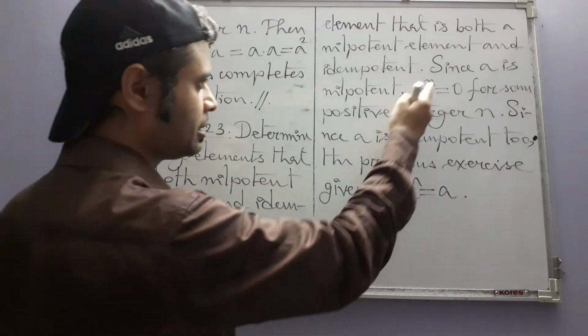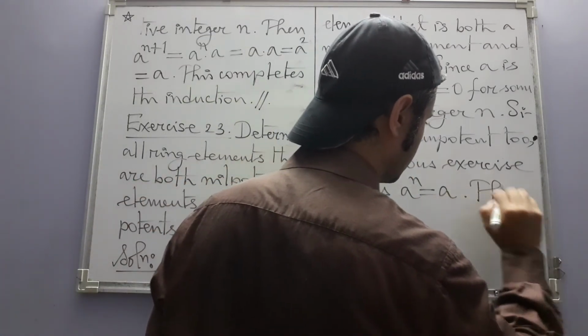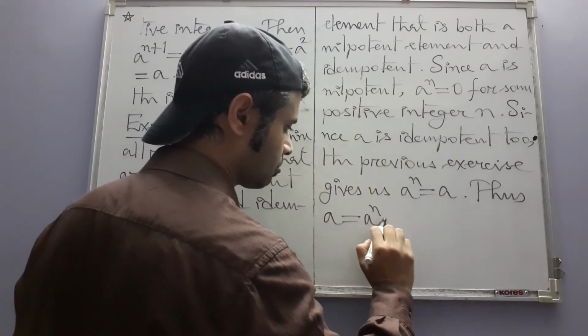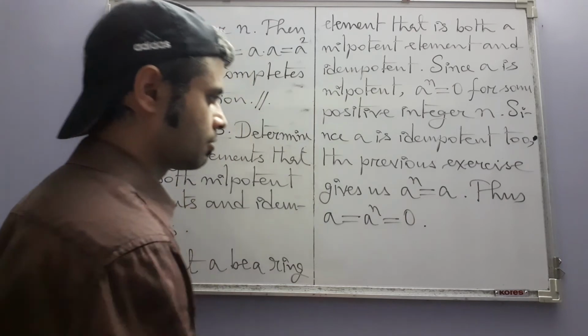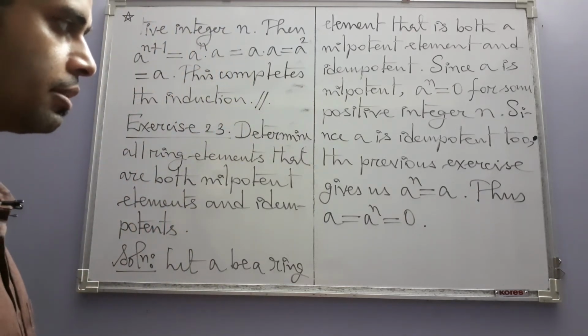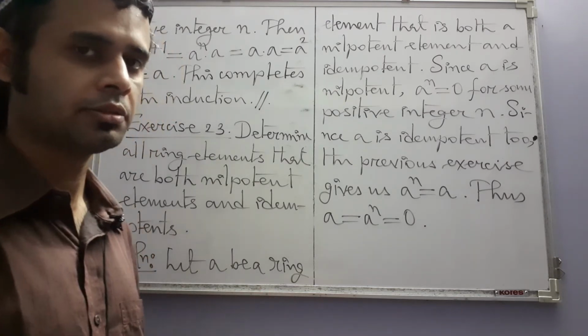So you now combine these two equations. Thus, a is equal to 0. So in any ring, the only element that is both nilpotent and idempotent is the 0 element. That's just it.